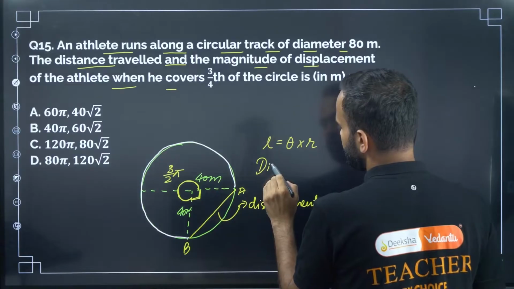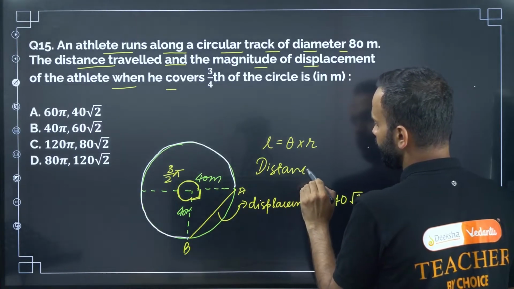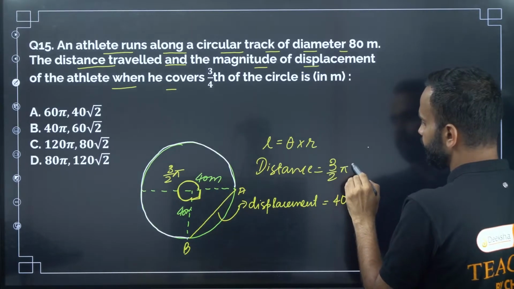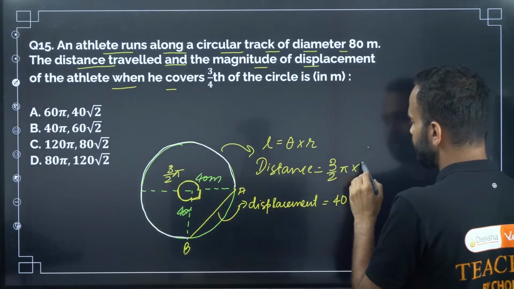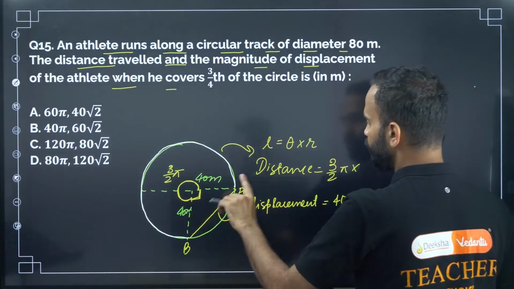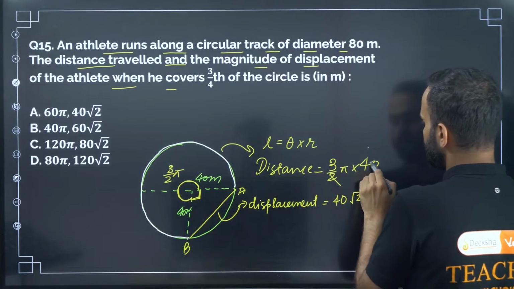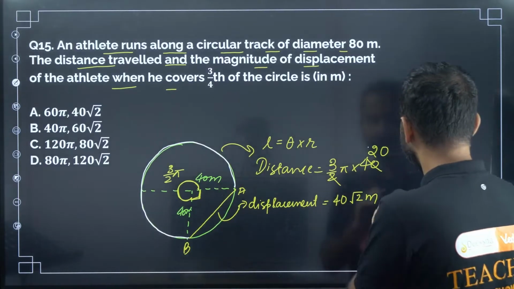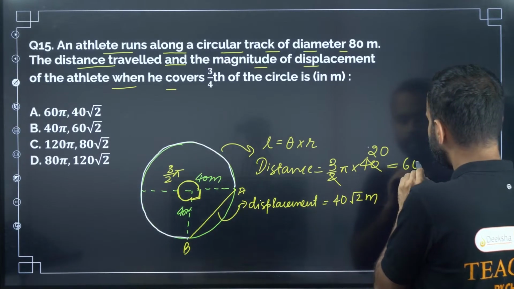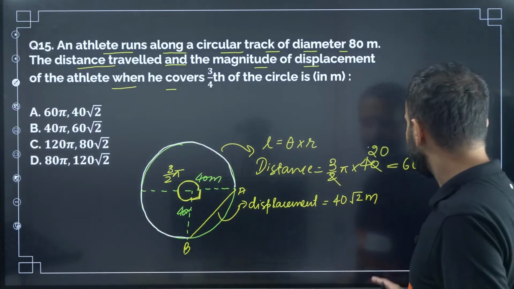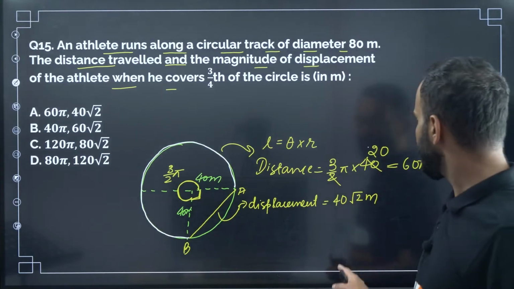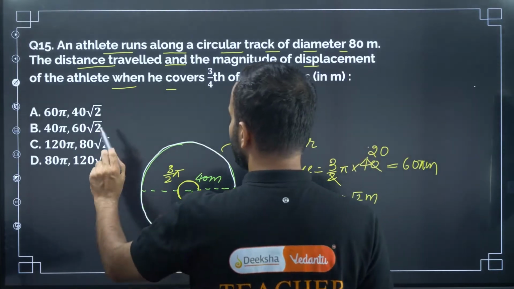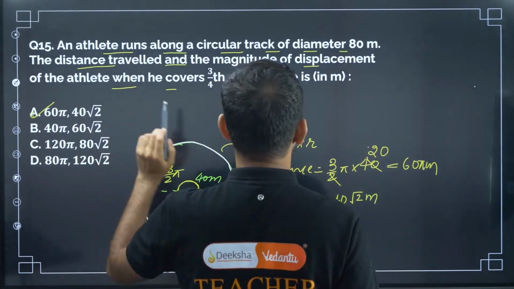So distance equals 3 by 2 pi into 40. 2 20s are 40, so 20 into 3 pi is 60 pi. So distance is 60 pi meter, and the magnitude of the displacement is 40 into root 2 meter. So the correct option is A.